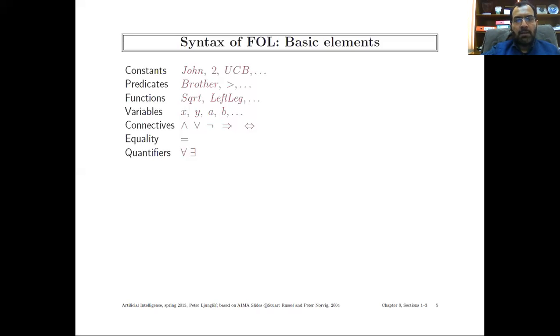One is called for all, that is the universal quantifier, and the other one is called the existential quantifier. Normally we call it there exists. So there are two quantifiers: one is called for all and the other one is called there exists.